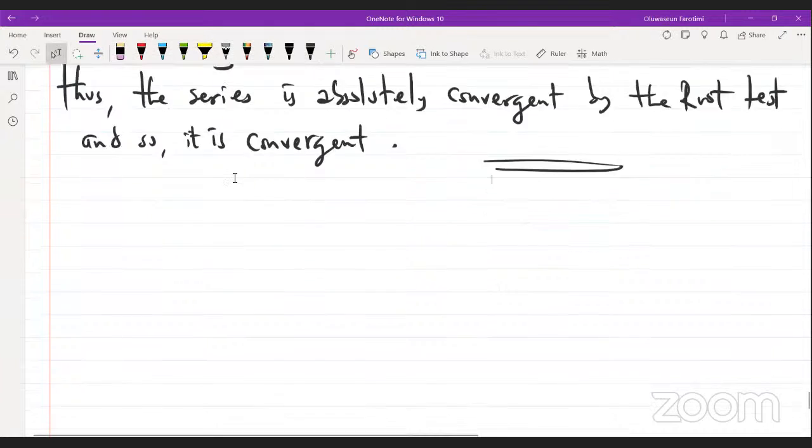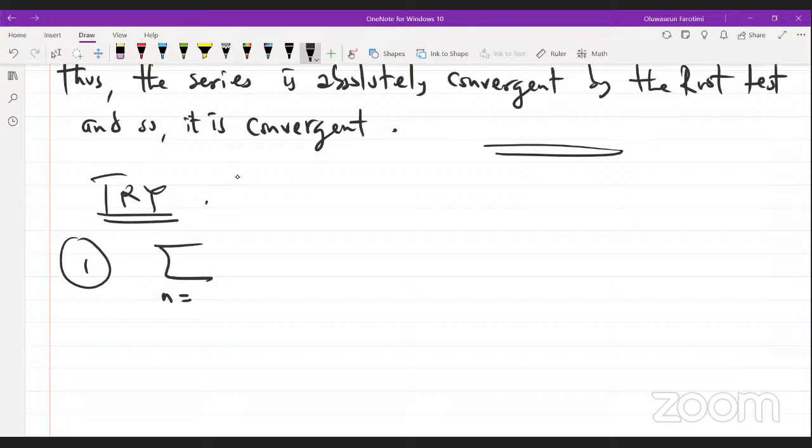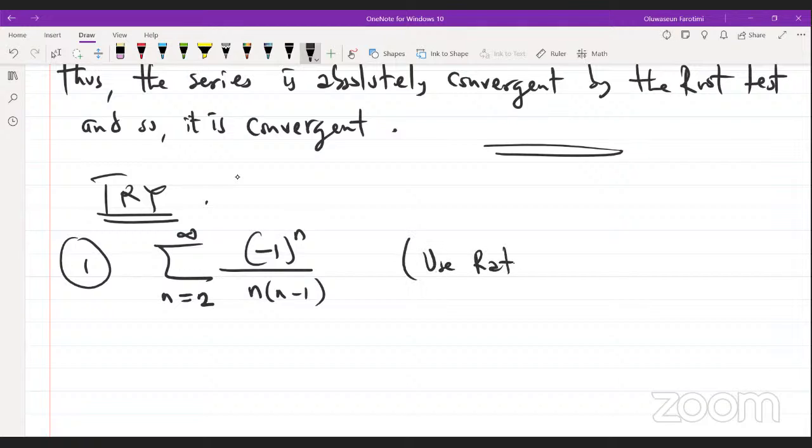Okay, so let me give you some things to try. The first one I'd like you to try: I'm going to tell you what the answers are so that when you try them, it can be consistent with what you have. Use the ratio test. The conclusion here is that it is inconclusive.